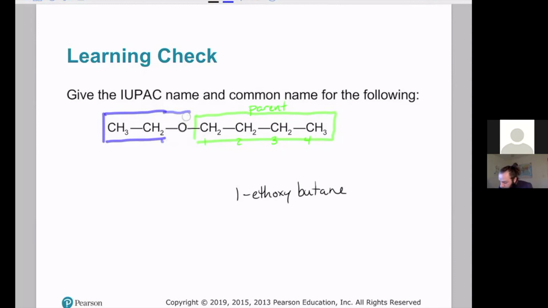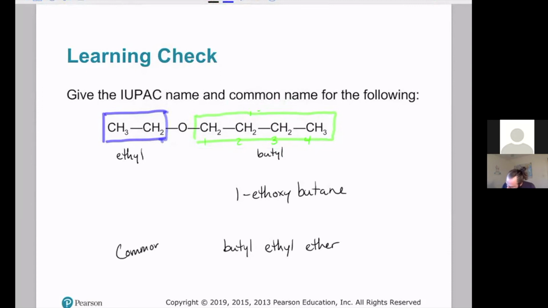Again, I'm going to do the same thing where I cut and cut, but then I'm just going to name each group. So for example, this will be butyl, this will be ethyl, and then we arrange them in alphabetical order. So this one would be butyl ethyl ether. Again, this would be the common name, and this one would be the IUPAC name.